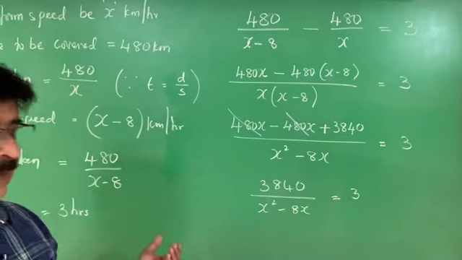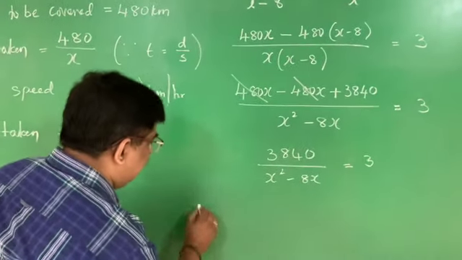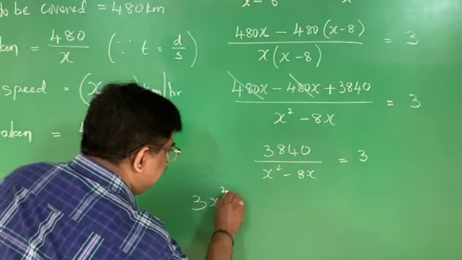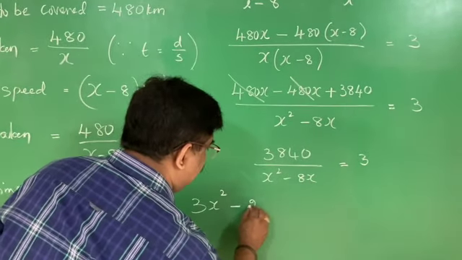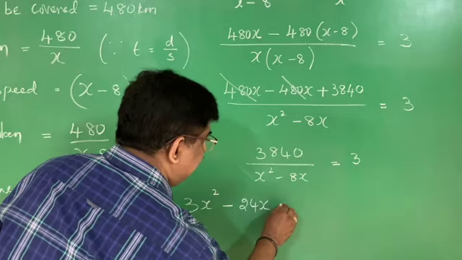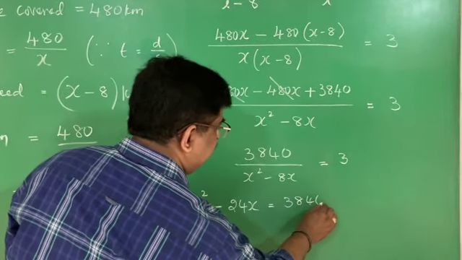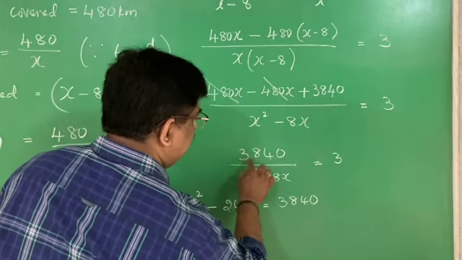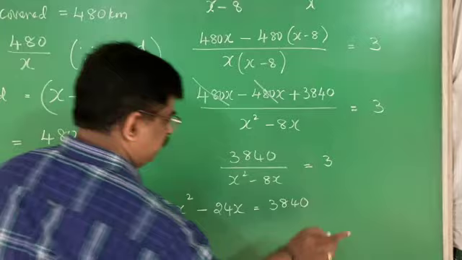Now I cross multiply. x square into 3, 3x square, minus 8 into 3, 24x is equal to 3840. Nothing is there means 1. 3840 divided by 1 is 3840.